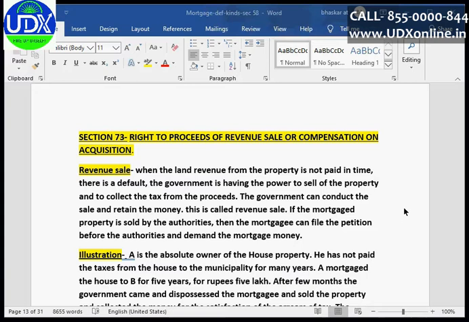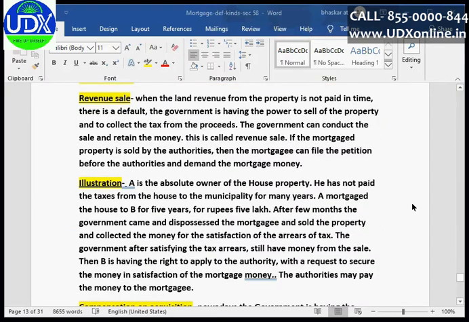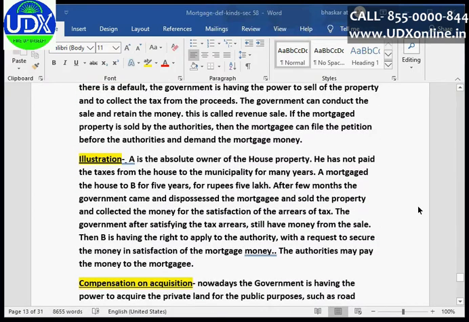Okay, let me take one small simple illustration. Mr. A is the absolute owner of the house property. He has not paid the tax to the municipality for many years.